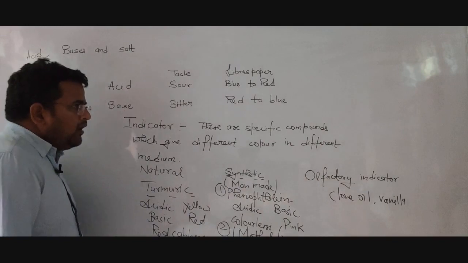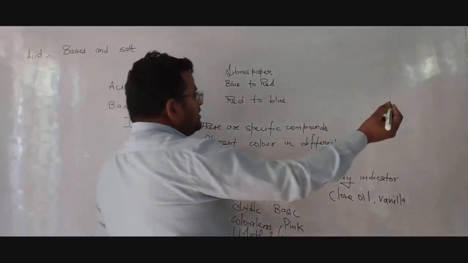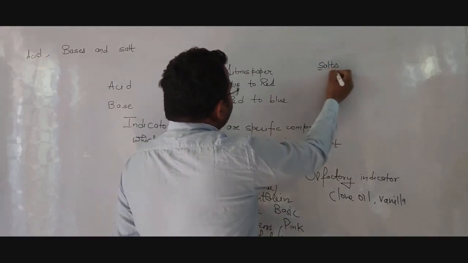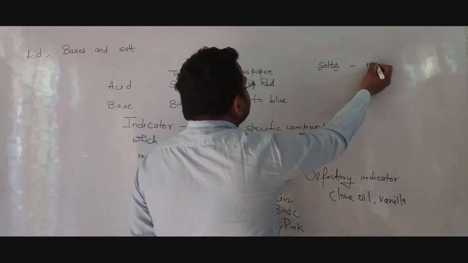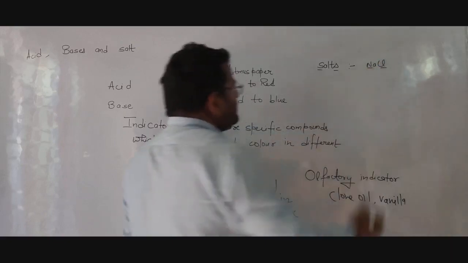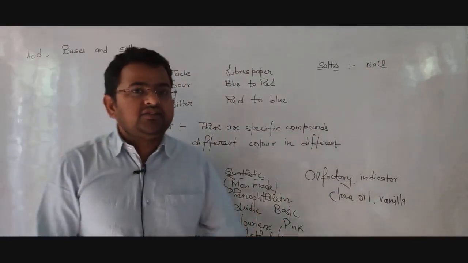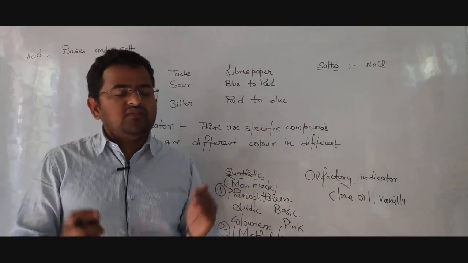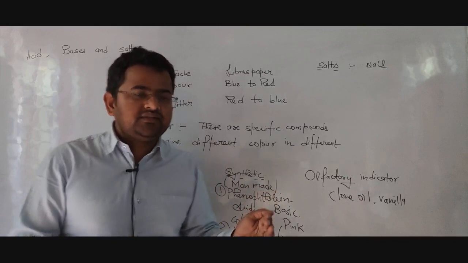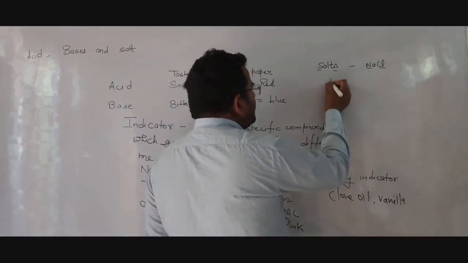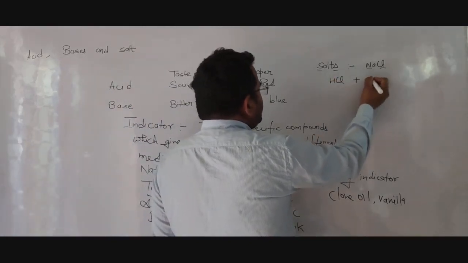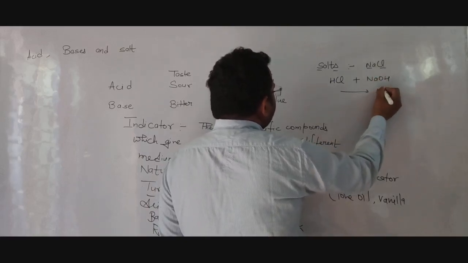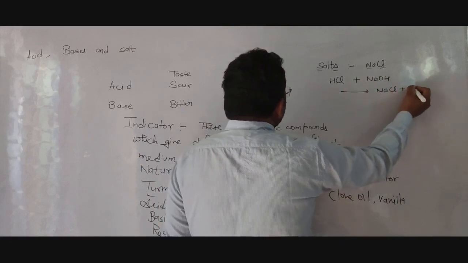Now the question comes, what are salts? A very simple salt at home is NaCl, sodium chloride. So how is salt formed? If we take one acid and one base, like the acid HCl, and we add a base to it, then a reaction occurs and we get NaCl plus water.